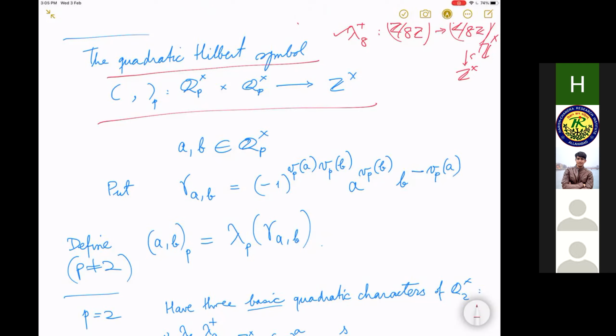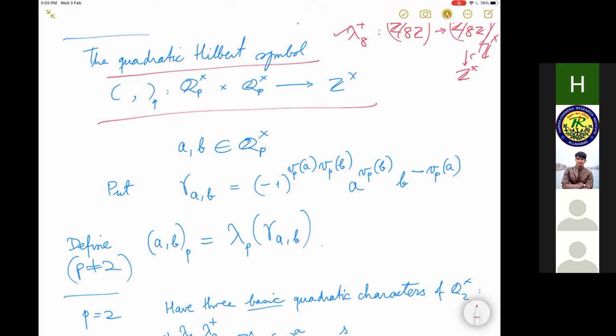Now, if it's a unit, then I can apply lambda P to it. And I could have applied lambda P even if it were not a unit, but then a choice of uniformizer would have been involved. But lambda P for a unit is independent of the choice of a uniformizer, right?